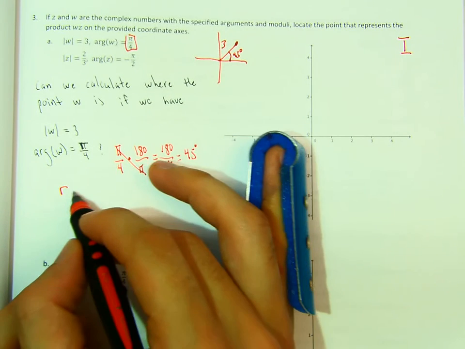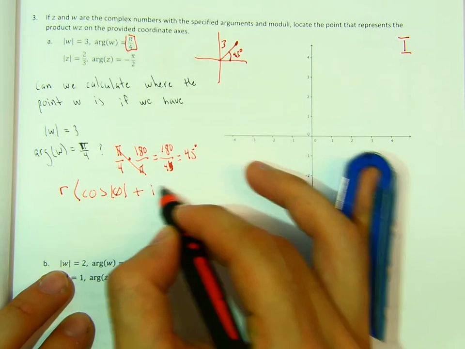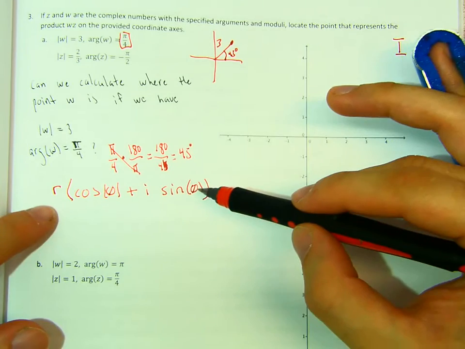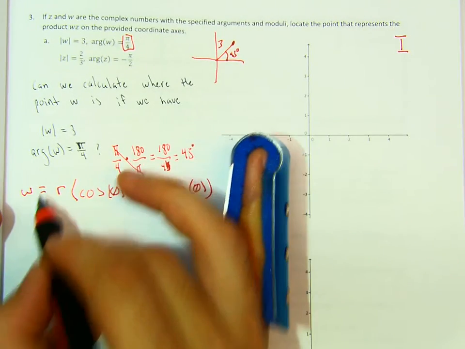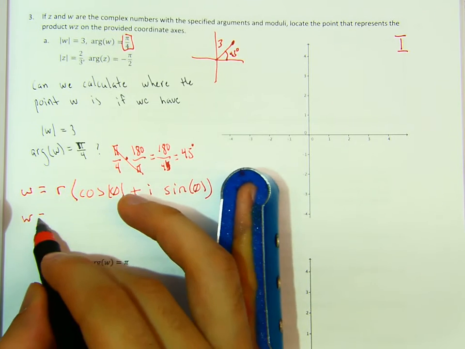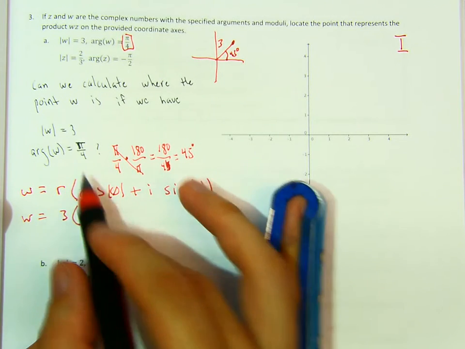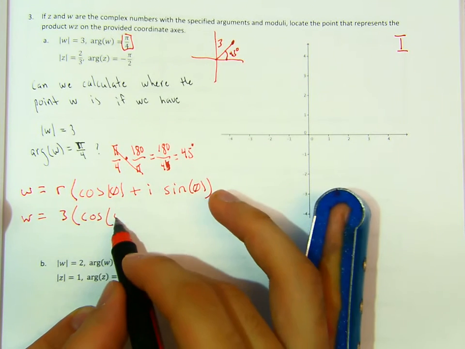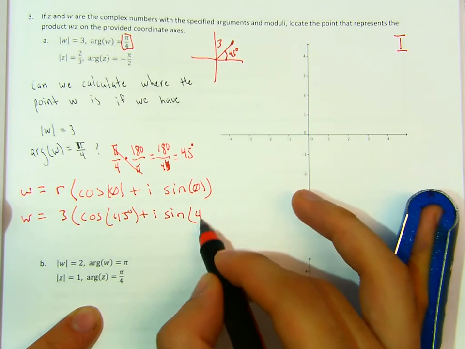All I need to do is use r cosine theta plus i sine theta. Here, I'm going to go backwards to figure out where W is. I know W has to equal this. So what's my r? My r is 3. And what's my argument? My argument is pi over 4, or 45 degrees, plus i sine 45 degrees.